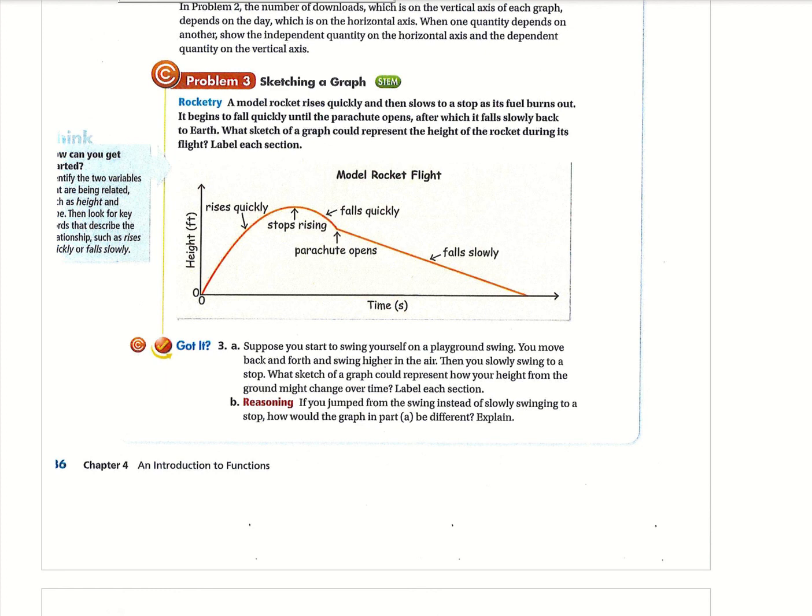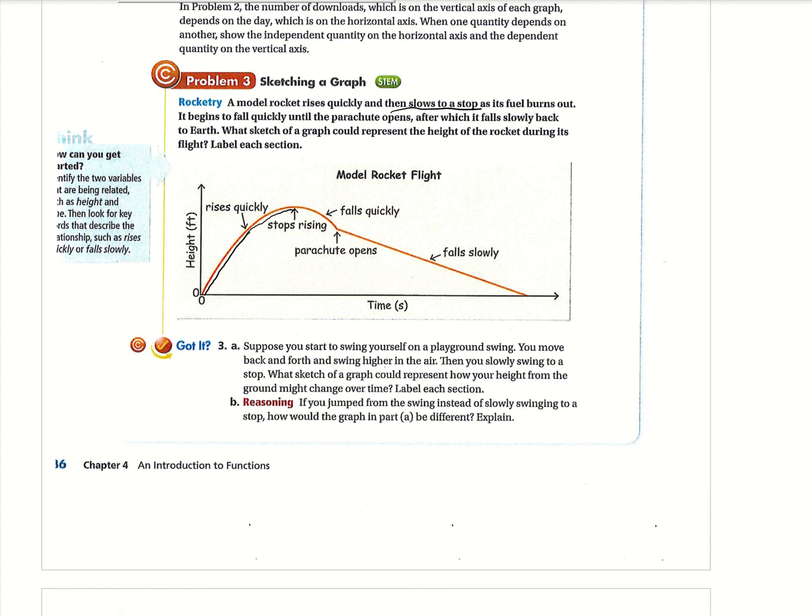Again, they did this for you. You can see at the beginning of the graph, I'll just kind of draw underneath it. At the beginning of the graph, we're rising quickly, starting from the point 0, 0. Sorry, I meant to erase the circling of the bottom there. It's rising quickly. Then it says it slows to a stop as its fuel burns out. So it slows down, and then it stops right there.